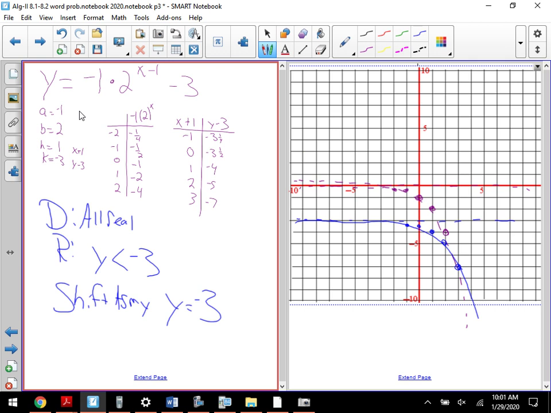Correct. The B value won't because the A value is what negates it. All right. The B value is going to be between 0 and 1 for decay, greater than 1 for growth. And then the A value just makes it either sloping for decay coming down this way, growth going up this way.